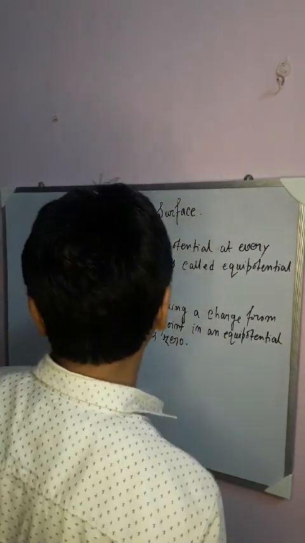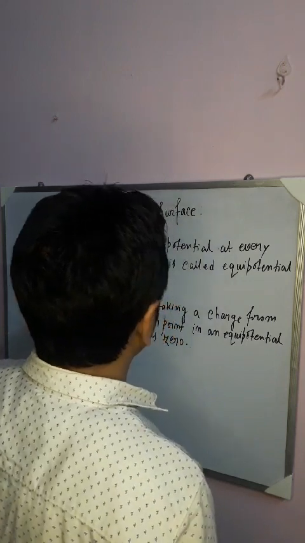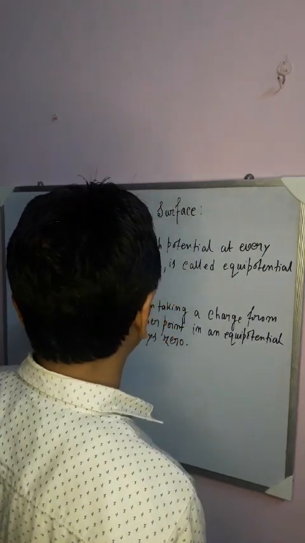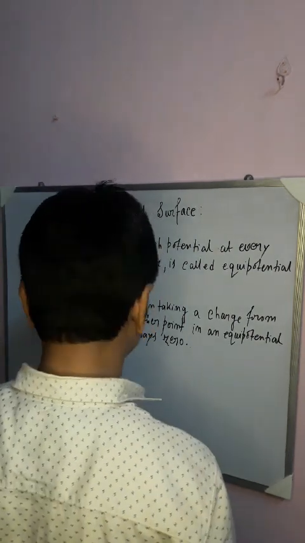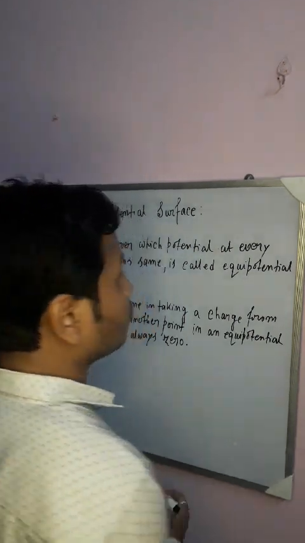Okay, work done in taking a charge from a point to another point in an equipotential surface is always zero. So how can we verify it?